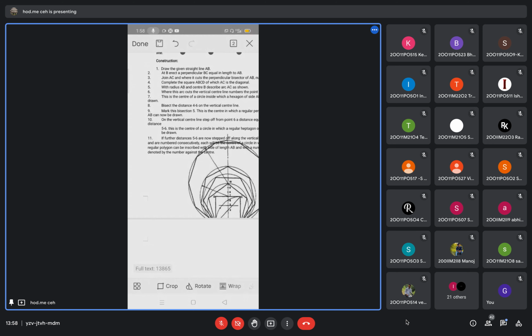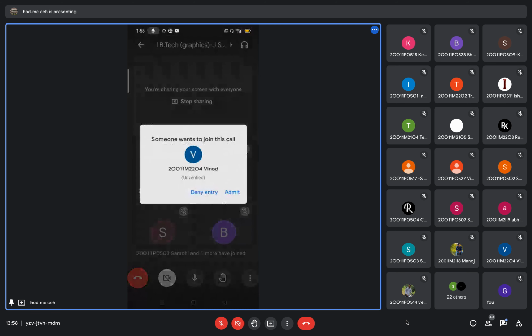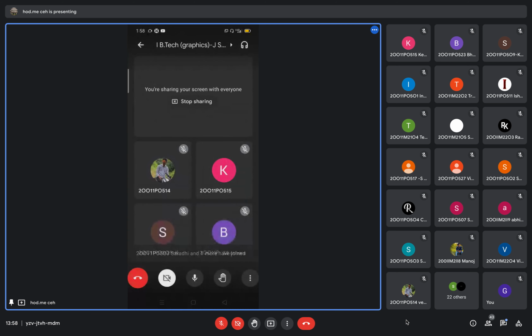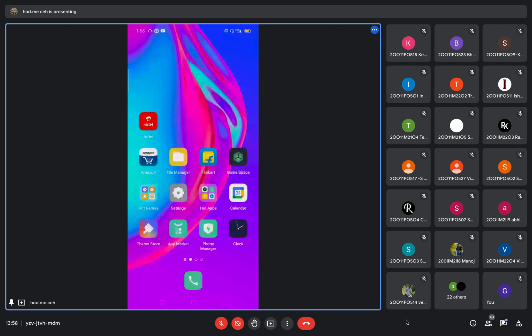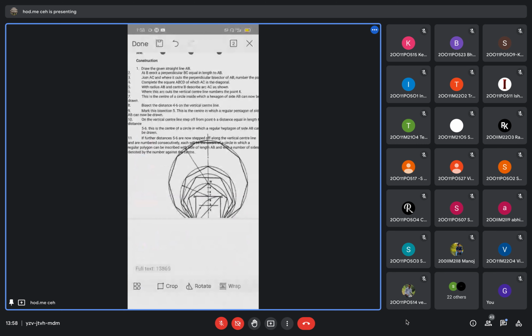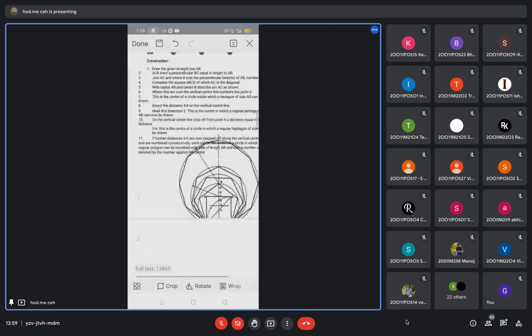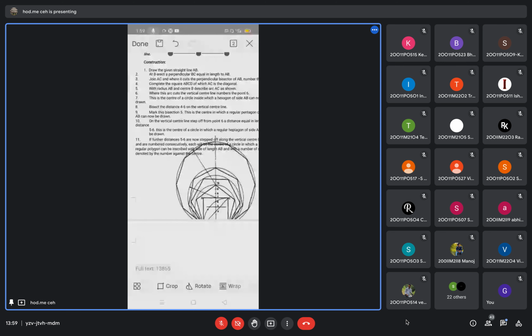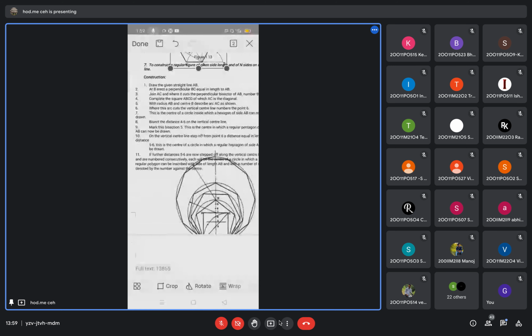Okay, the AC is the diagonal. Okay, see the fourth point, with the radius of AB, center B, describe the arc AC.